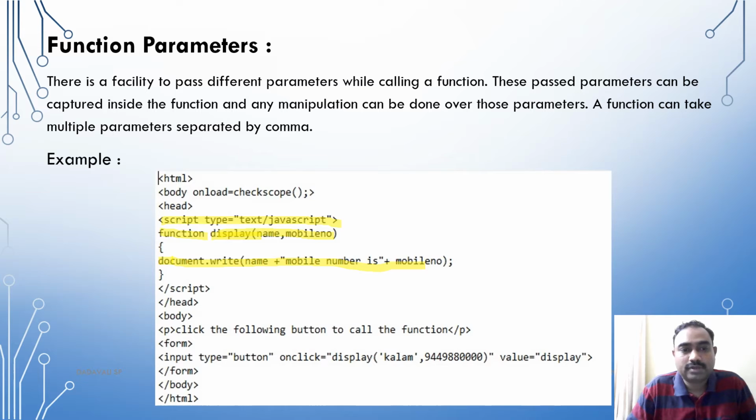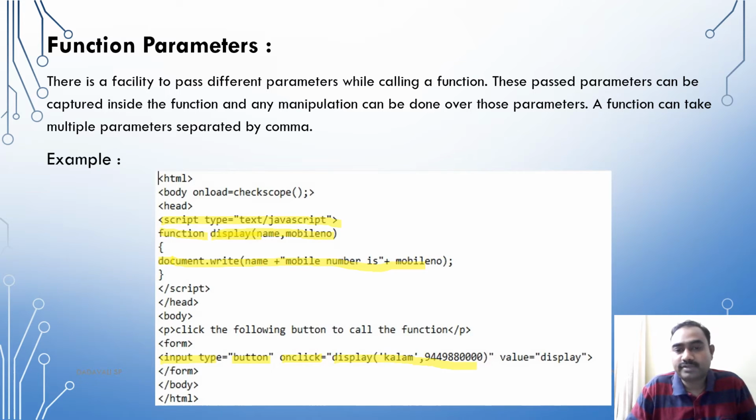Just observe. After the script, in the HTML tag, input type equals button. On click, you press the button to call the display method, and you are also passing the parameters.